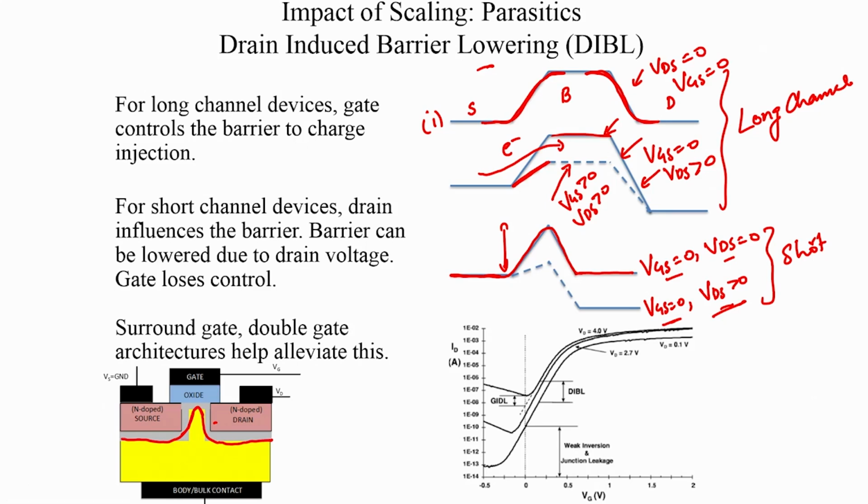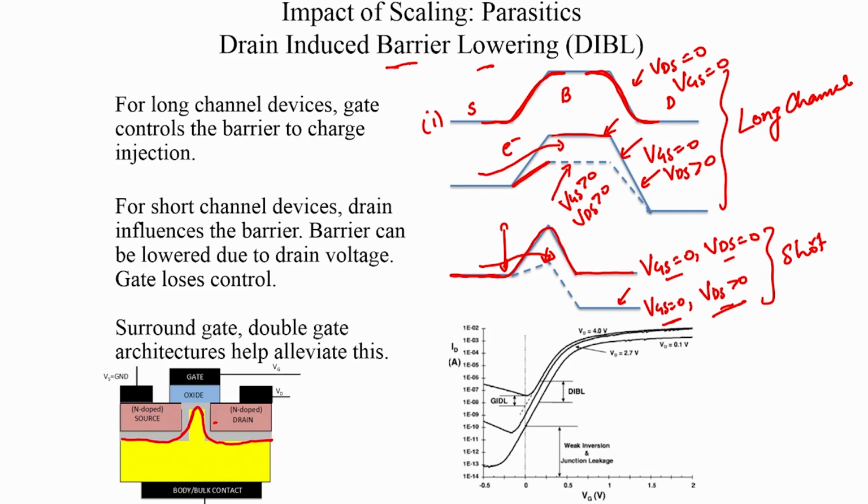The VDS itself controls the barrier height, and this is something called drain induced barrier lowering, where the drain to source voltage lowers the barrier for carrier injection, and you start seeing electrons get in even when VGS is 0. So this is a very significant, in some sense, leakage mechanism.